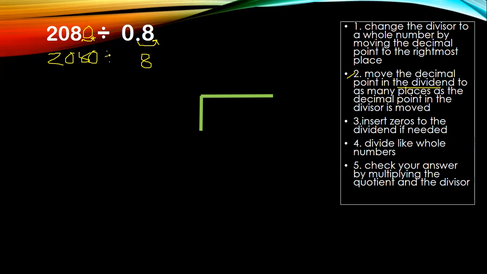So your numbers now are 2080 divided by 8, and you have to write that one. Okay, let us write. So your problem now is 2080 divided by 8, and then just insert zeros to the dividend if needed. We have done that already, and now you have to divide like whole numbers. 20 divided by 8 is 2, and 2 times 8 is 16, and 20 minus 16 is 4.